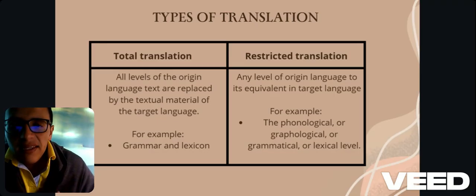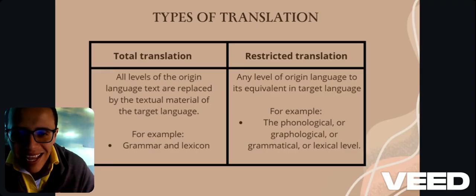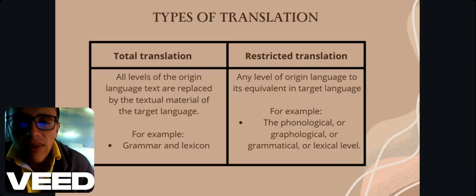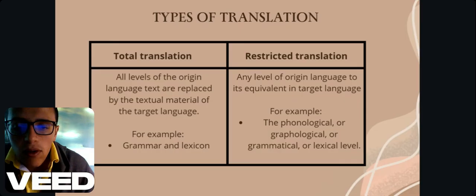On the other hand, in restricted translation, any level of the original language has an equivalent in the target language, for example the phonological, graphological, grammatical or lexical level. This is the main difference between these translations: in total translation, all levels are replaced, while in restricted translation, any level can be replaced into the target language.